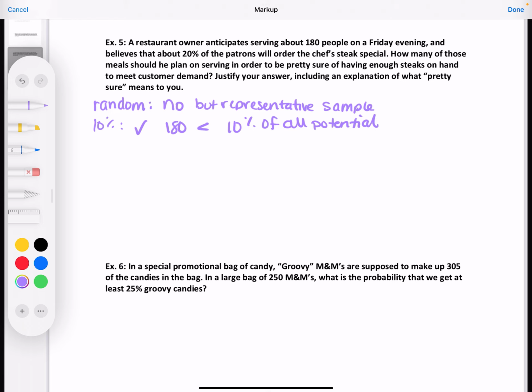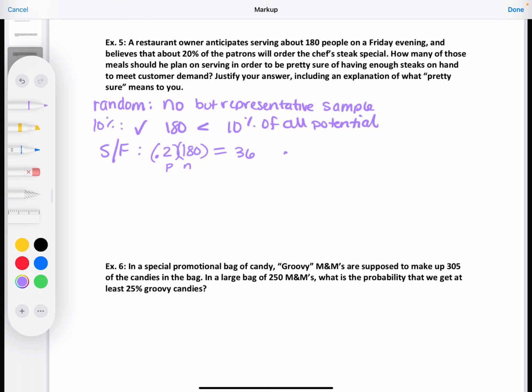Okay, success failure. N times P. Is that 0.2 times 180? 36.